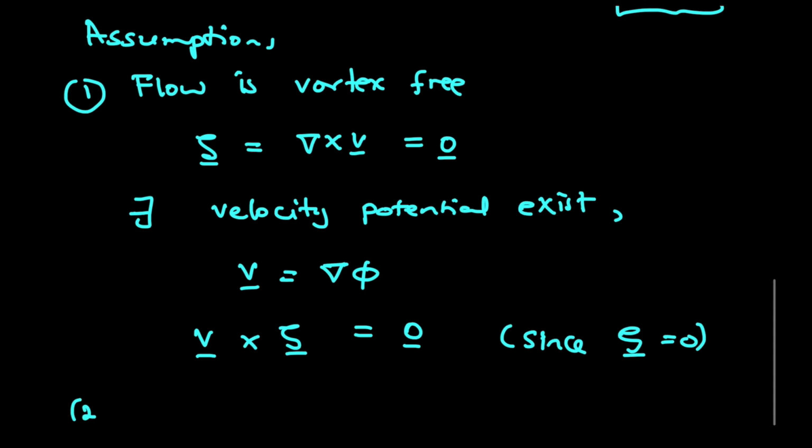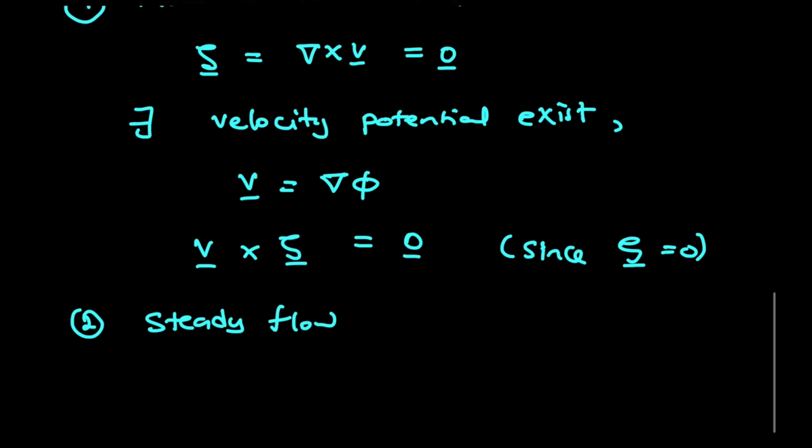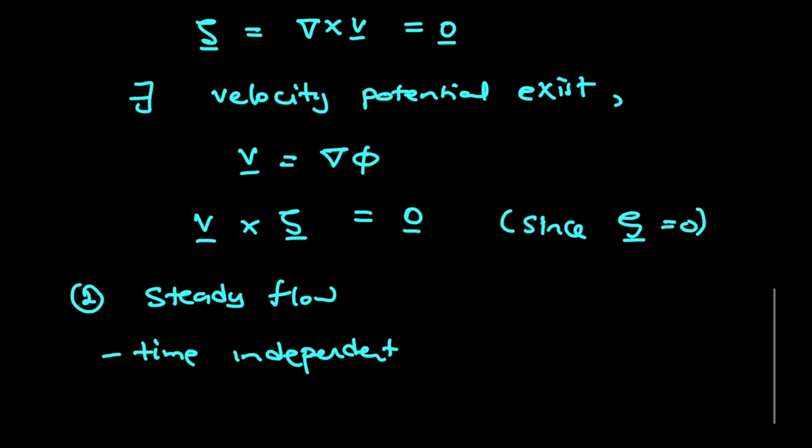The second assumption that we need to make is that this is a steady flow. So for a steady flow, it is time independent. So the velocity change in this flow is not affected by time. It's not dependent on time.